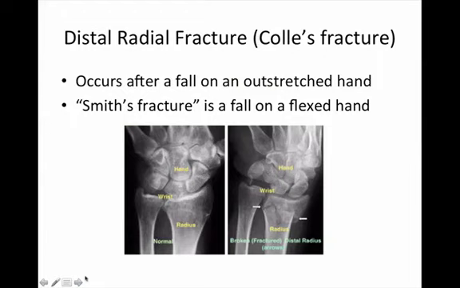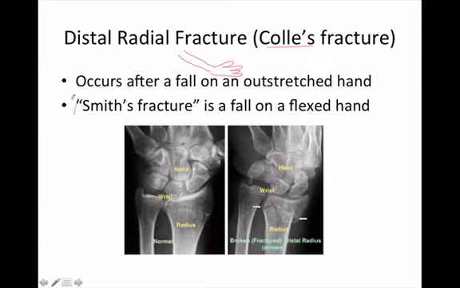The distal radial fracture is also known as Colles' fracture. This occurs after someone falls onto an outstretched hand. So if someone is falling down and their hand is outstretched in this fashion, that results in a Colles' fracture.